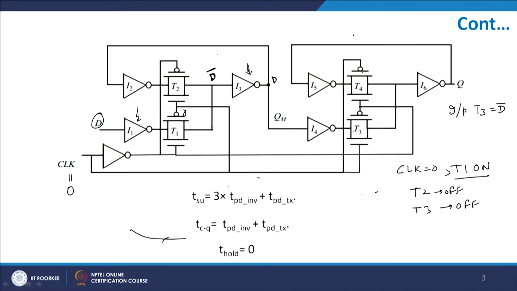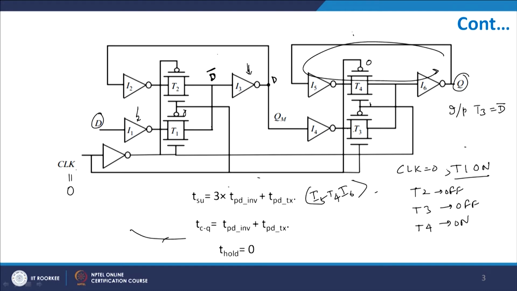Because if you look very carefully, clock 0 goes here, and therefore T4 is in on state. T4 is on because this is 0, this is 1. T4 on implies that this feedback loop is always valid. So whatever the original Q value was is being stored in the loop of I5, T4 and I6.